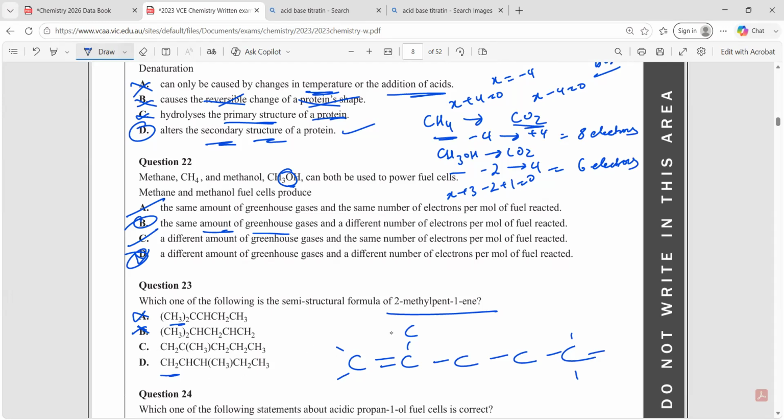CH2, then C, then CH3, then CH2, then CH2, and CH3. Right, so this CH2 is that. Then they've got a C, which is crowded by that CH3, that methyl group. And then we've got our CH2, CH2, CH3, and then we've got all that.